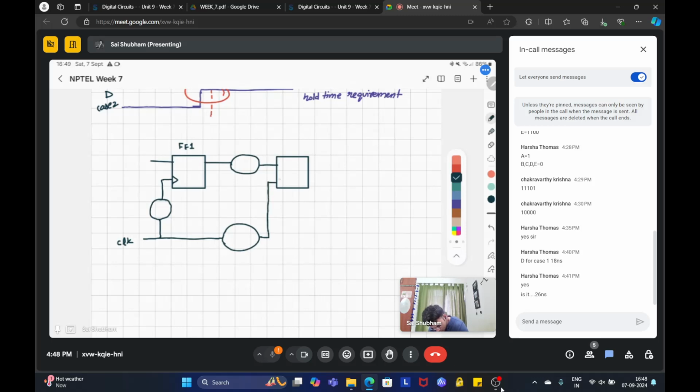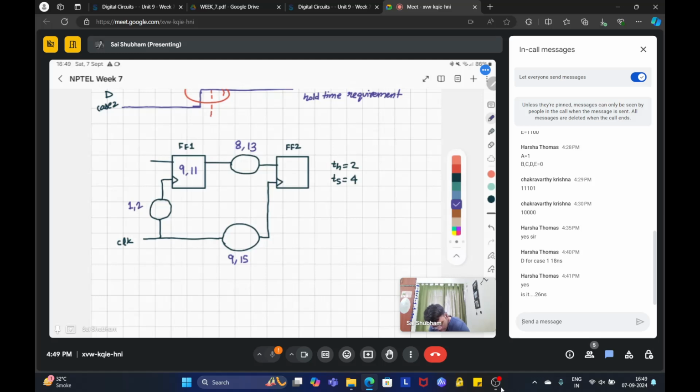This is fed to this flop. TH, the hold time, is 2. Setup time is 4. Now this is the minimum time. This is the maximum time for a flop. For this part, it is 8 nanoseconds and 13 nanoseconds. Okay. For this path, it is 9 and 15. For this, it is 1 and 2.